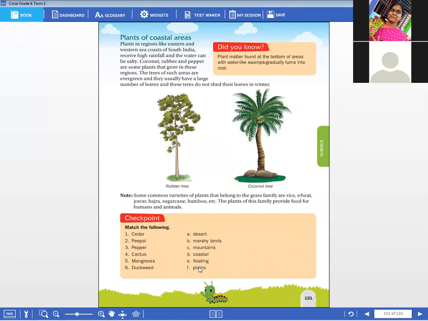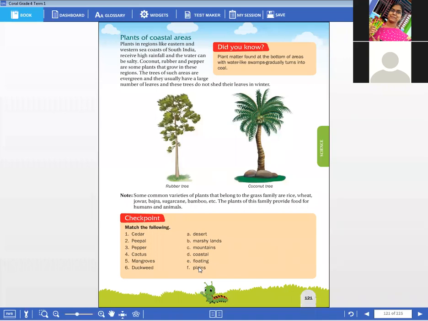Have you all written the homework, children? Are you all doing the homework properly? Are you ready with your pencils to highlight the hard words?